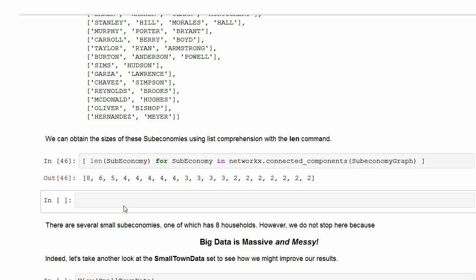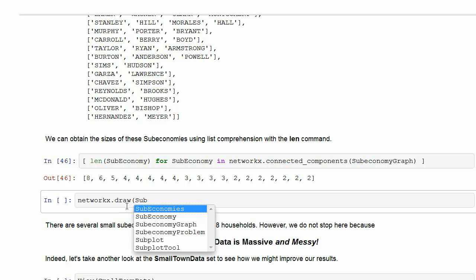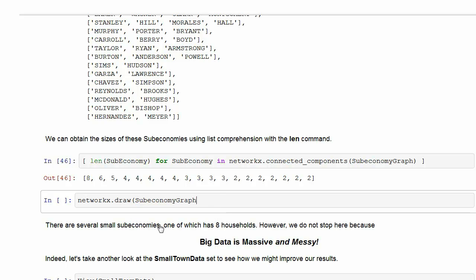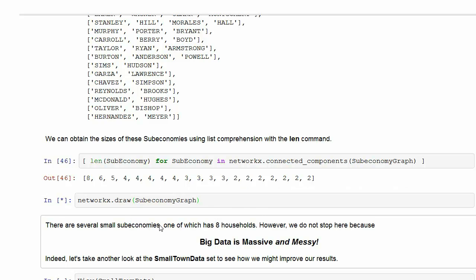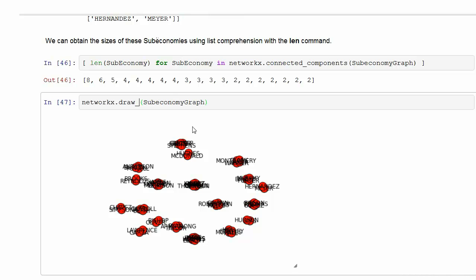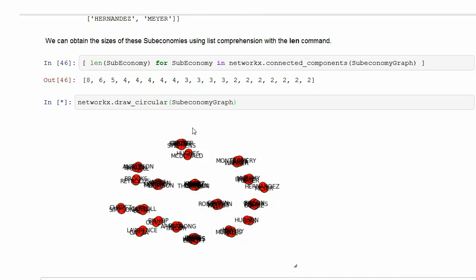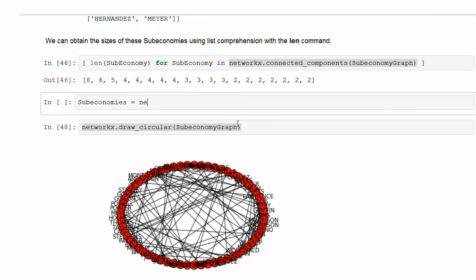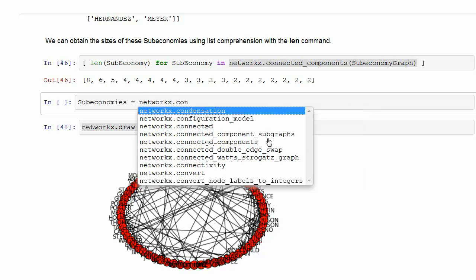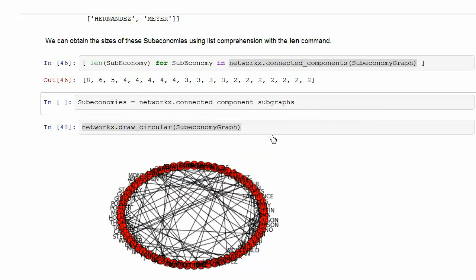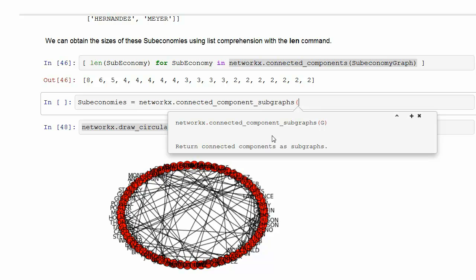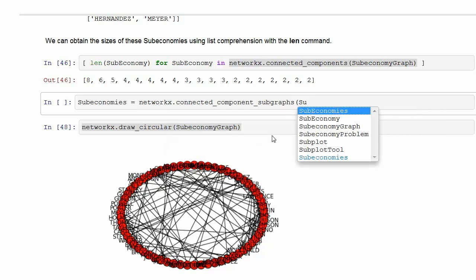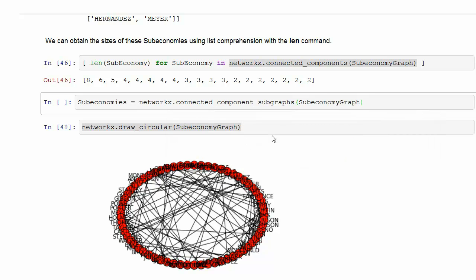So let's draw the graph. And well, that's a mess. And well, it doesn't help to draw it circular. So let's do something else. Let's take our subeconomy problem and let's actually find the connected components of our subeconomy graph.